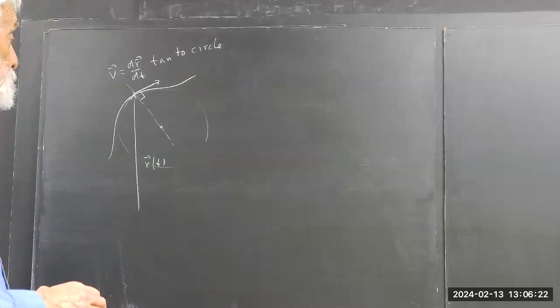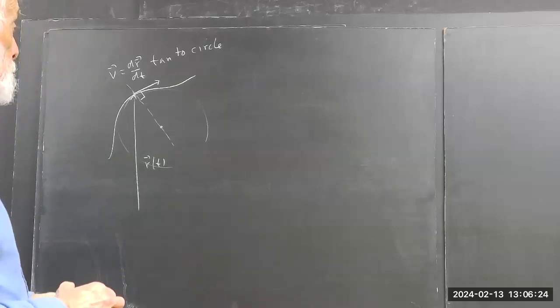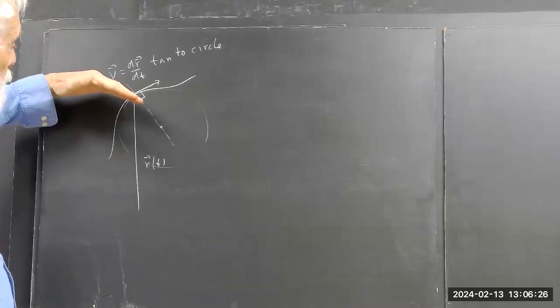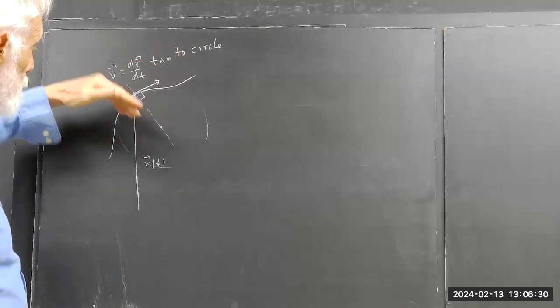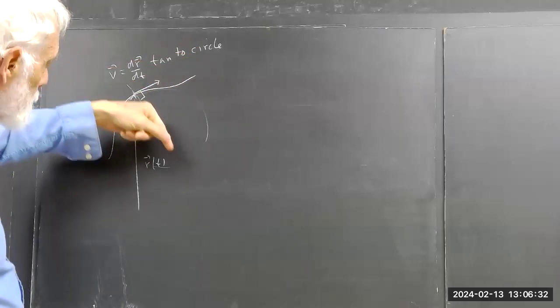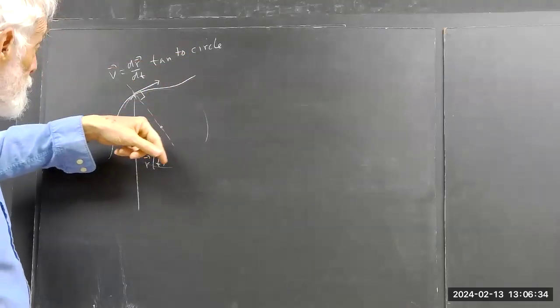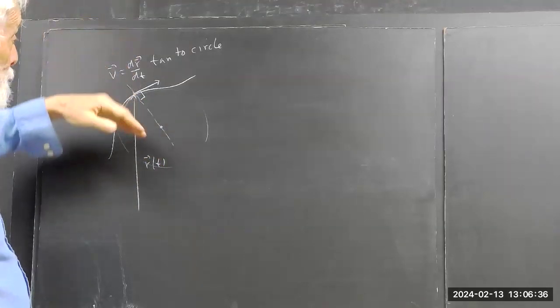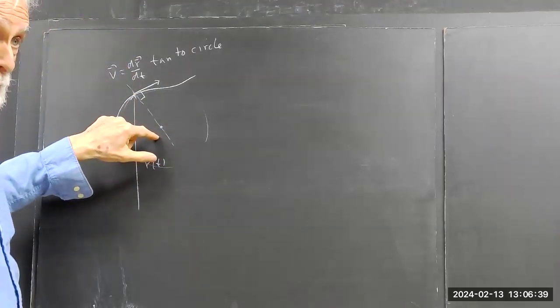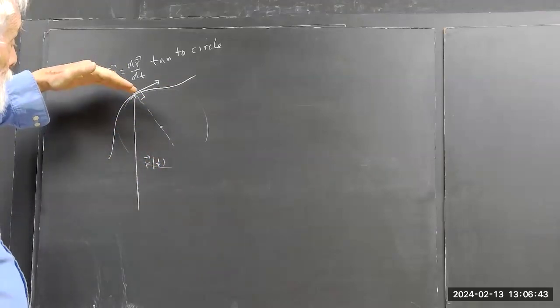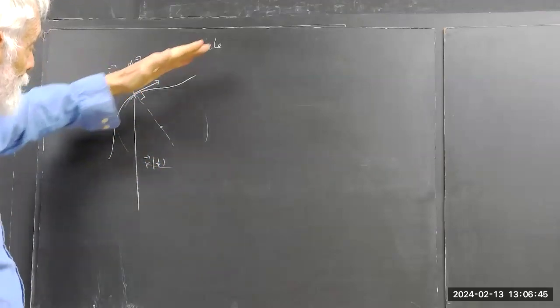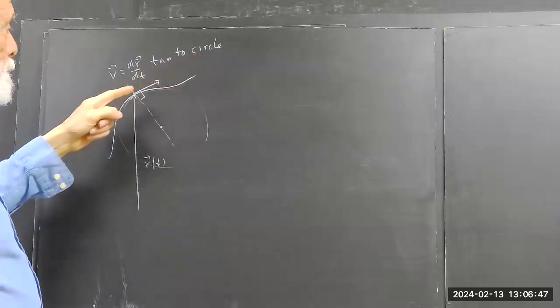Well, if you are speeding up, then your acceleration vector will have a component in this direction, which takes the centripetal part of it, which is fixed by the velocity and the radius of the circle, which we have to calculate, and the acceleration in this direction.